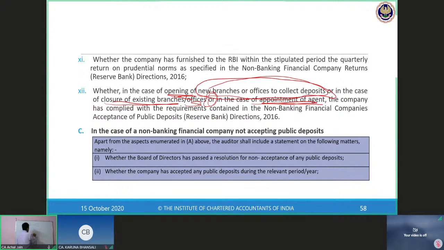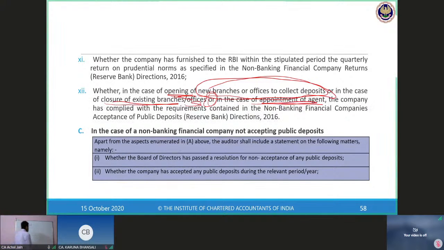B covers NBFCs which are taking public deposits, which are accepting public deposits. So B was for those NBFCs.